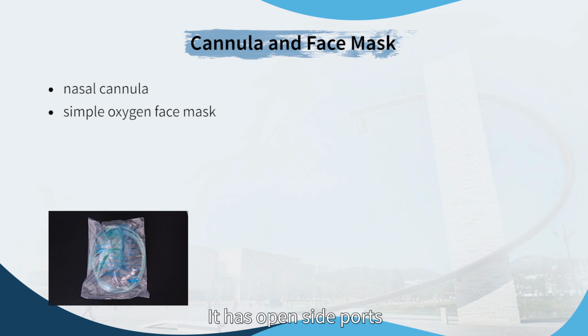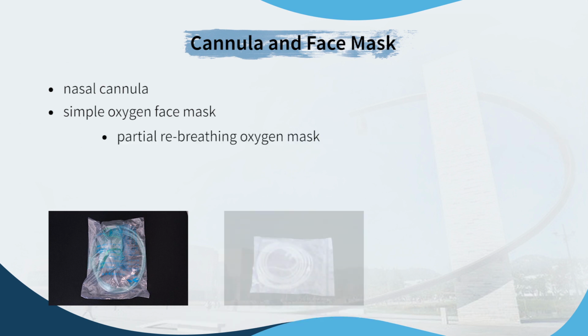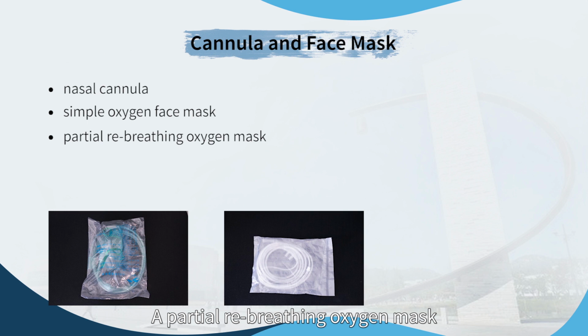It has open side ports that allow room air to enter the mask and dilute the oxygen, as well as allowing exhaled carbon dioxide to leave the contained space. A partial rebreathing oxygen mask is similar to a simple face mask, except that the side ports are covered with one-way discs to prevent room air from entering the mask.